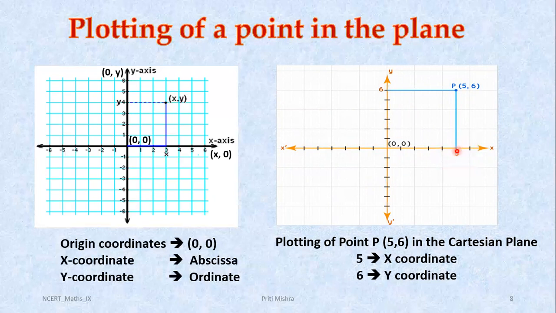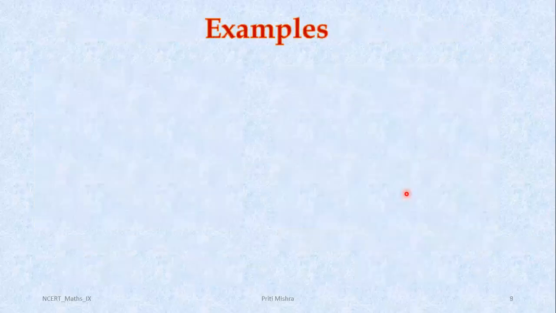Then from this point you drop a perpendicular towards the y-axis direction, right? And now we have to find 6 units on the y-axis. So here we have 6 units. From this point you drop a perpendicular, and where these two perpendiculars intersect each other, this is our desired point P(5, 6). So in this way, you can plot any point on the Cartesian plane.